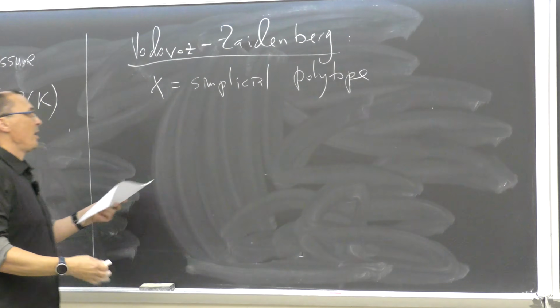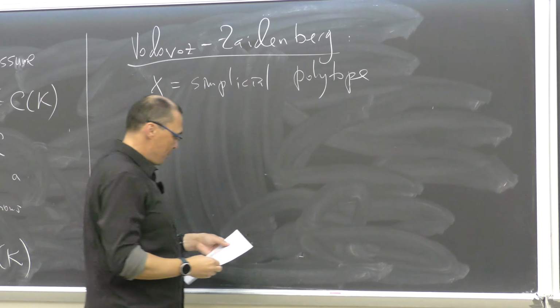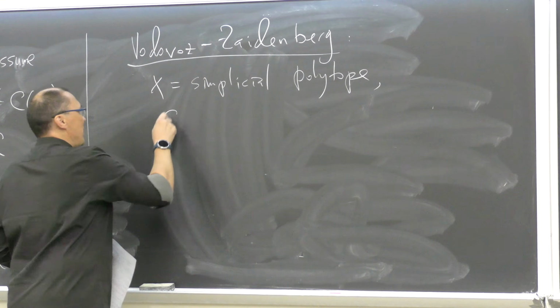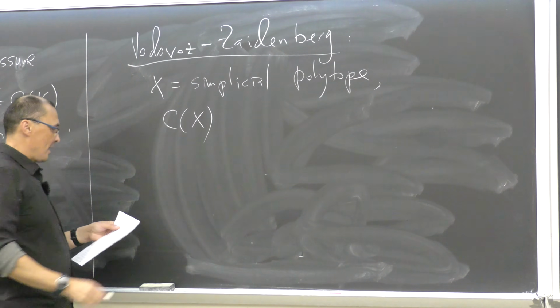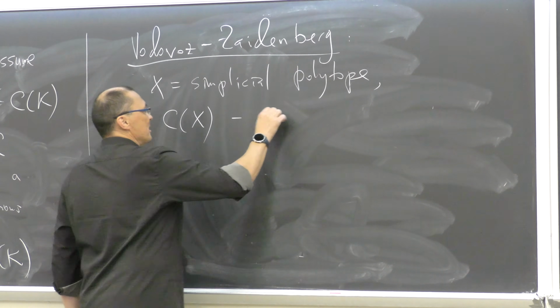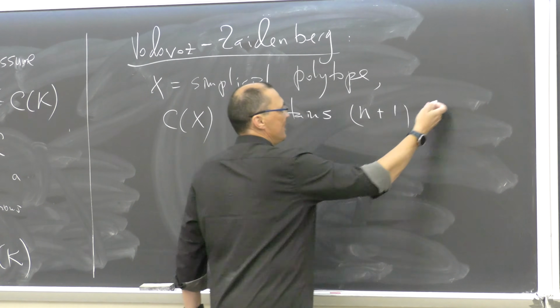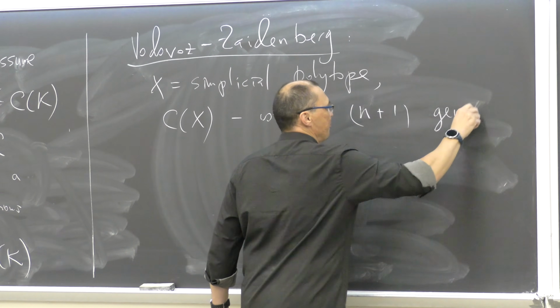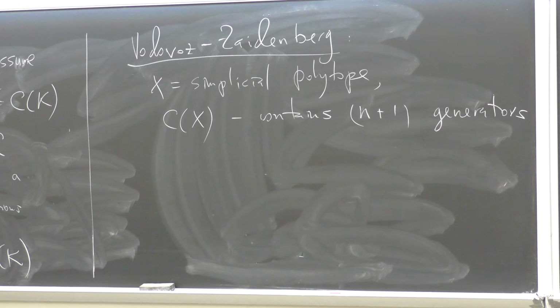So it's a topological space that has the structure of the simplicial polytope, and they look at the space of continuous functions on X, and they say that this contains n+1 generators, in the sense that every continuous function is a limit of polynomial combinations of the generators.